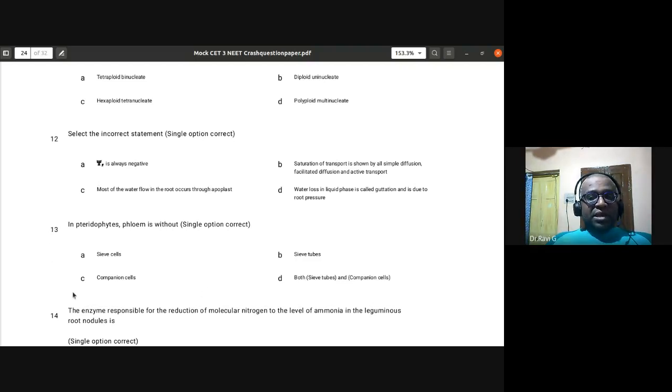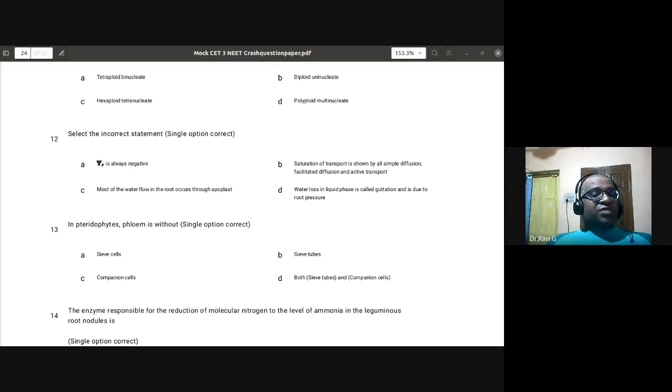The reason why it is the incorrect statement is that facilitated diffusion and active transport sometimes involve carrier proteins. Hence, they can be subjected to saturation kinetics and competitive inhibition. But simple diffusion does not have saturation kinetics since carrier proteins are not involved in simple diffusion. So that is the solution.